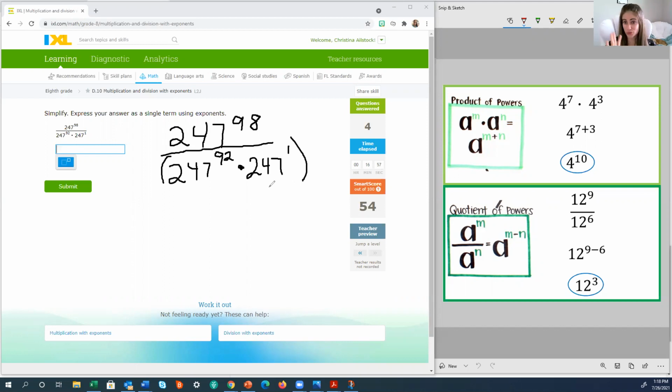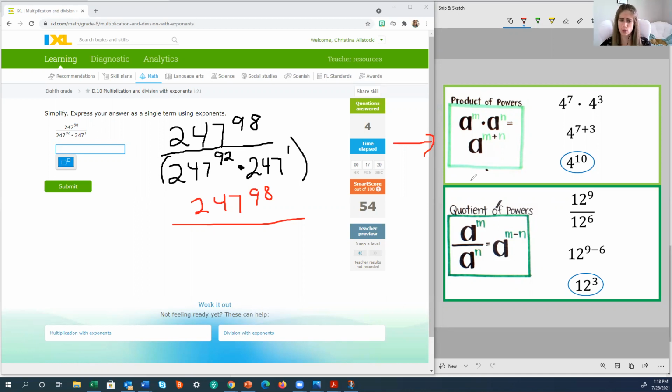I'm going to go ahead and just rewrite my numerator real quick, because I don't want to forget about that. Let's do a different color, because we want to make sure our different steps can stand out. But we are going to take our denominator and use the product of powers to simplify.